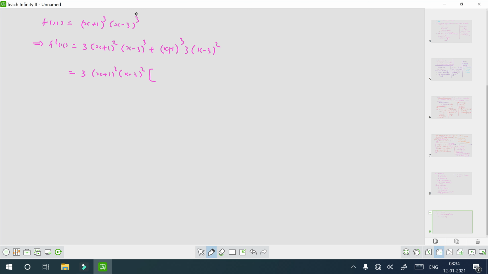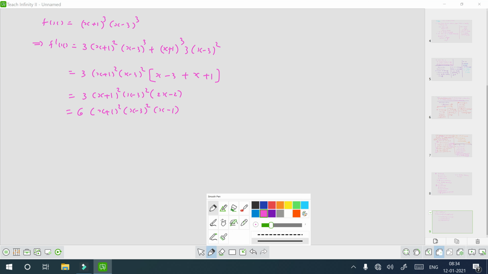What you get here? Here we get x minus 3 and from here we get x plus 1. So that is equal to 3 into (x plus 1) whole square, (x minus 3) whole square into (2x minus 2). And that is equal to, take 2 common, 2 (x plus 1) whole square, (x minus 3) whole square, (x minus 1). So now check it.